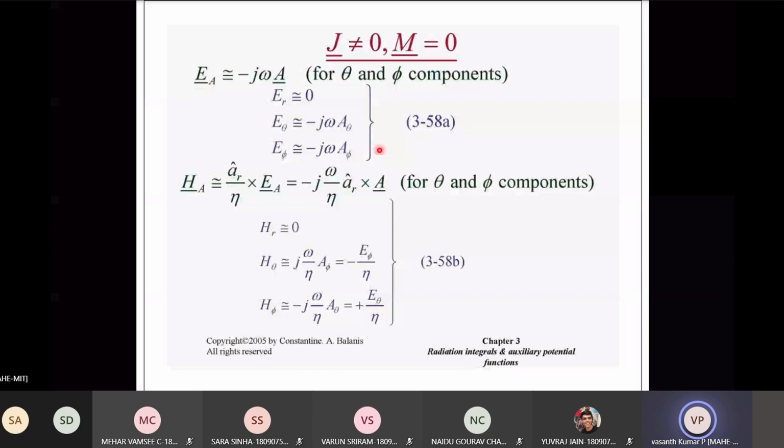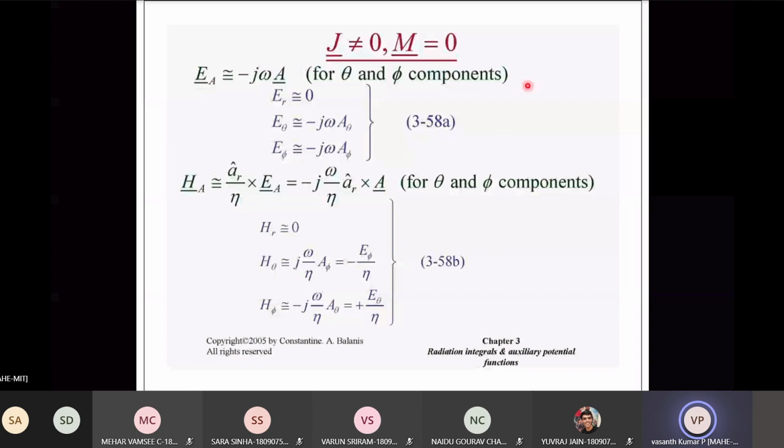The proof of this equation I will pass on to you through WhatsApp. I will give it to the CRs, and the CRs will give it to you. It is a slightly big derivation. You get so many terms, 1 by R terms, 1 by R square terms, 1 by R cube terms.